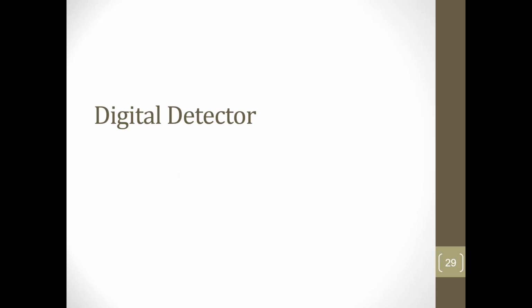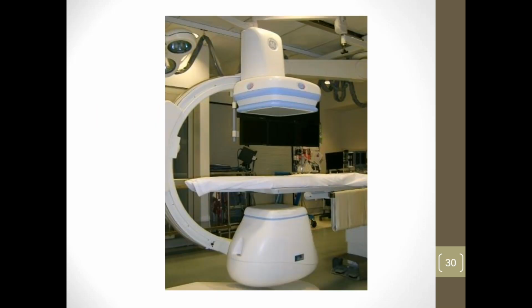Digital detectors. Going forward, I want to say from the mid-2000s on, most of the technology was equipped with digital detectors. And as you can see, hopefully you can see the picture, this big thing we call the pizza box is your digital detector.